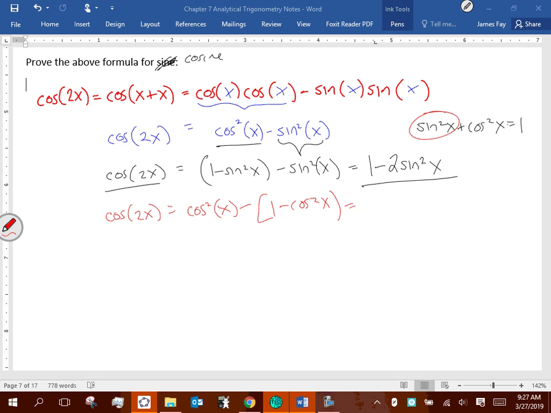Okay. Now just be careful because it's minus a quantity. So it looks like cosine squared minus 1 plus cosine squared. So it actually ends up being 2 cosine squared x minus 1. And that's a third version of your cosine double angle formula.